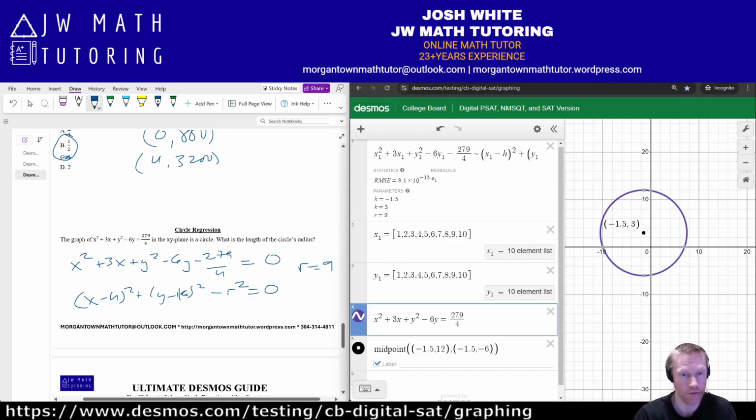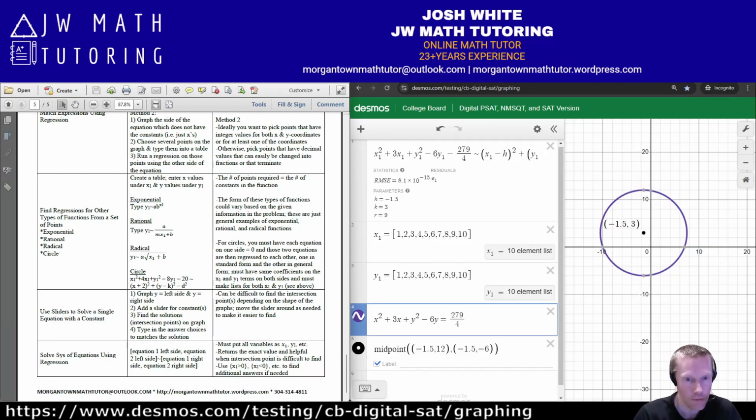If you are trying to easily find the center or radius of the circle and you're given the equation not in standard form, just whatever generic random form that you're given the equation in.